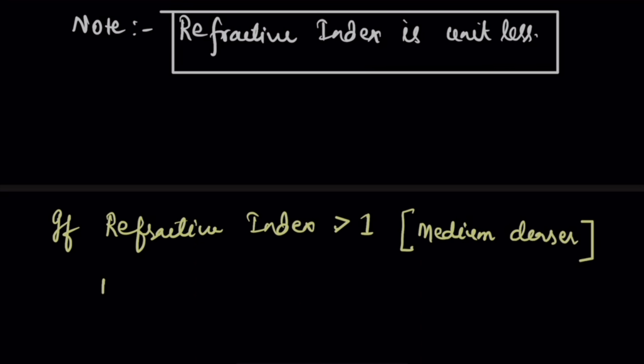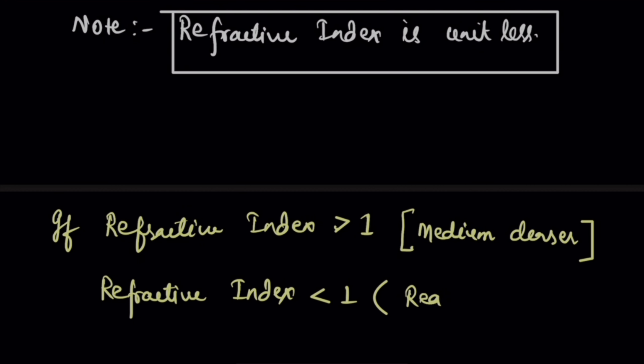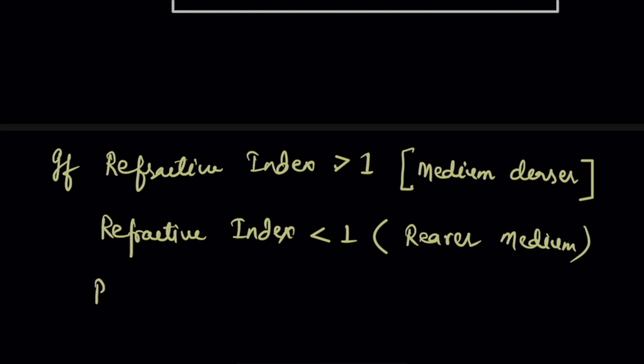And if the refractive index is less than 1, then it is a rarer medium. And if refractive index is equal to 1, then same medium.